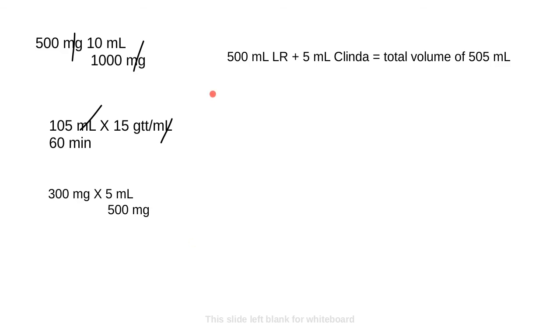So the formula for the IV milliliter per hour rate is always going to be the total volume over hours to be infused. So it's 505 ml over 6 hours. And if I do the math, that comes to 84 milliliters per hour.